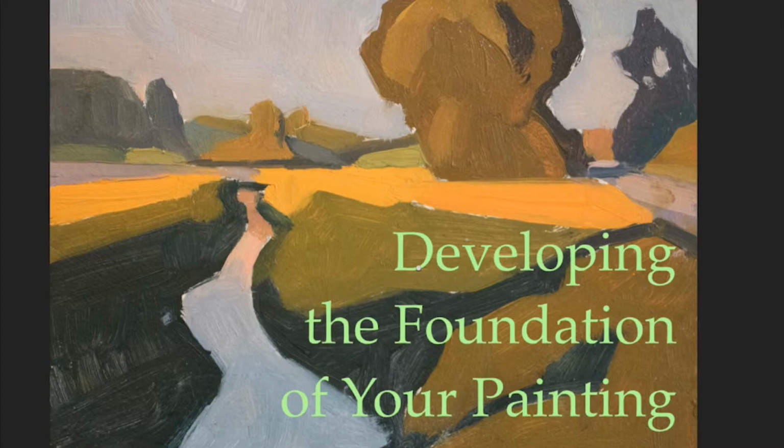A painting, or a scene, I should say, has an underlying foundation that holds it all up. And that foundation is what helps to establish distance. It's what helps to establish the various components of the scene: trees, water, sky, flat land, roads, bushes, whatever.